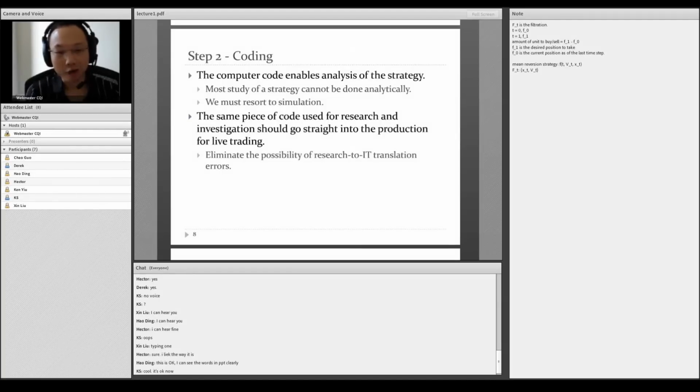So whatever is trading in production is not exactly the same strategy that a quant studied in their research, and this is very bad. I think that's one reason why when you do research, the P&L goes up like this, but when you do live trading, the P&L goes down like this, because what is trading in live execution is not exactly the same as what was backtested. So it's very important that the same piece of software is used for both research and live execution.